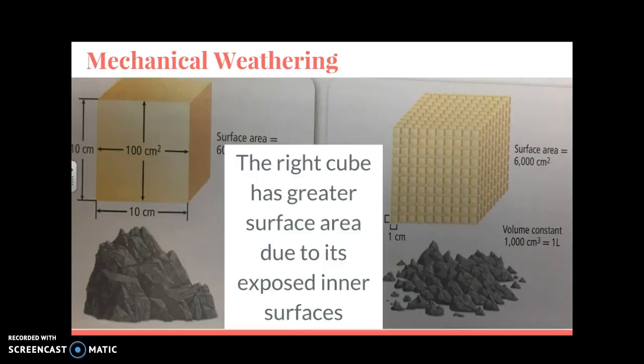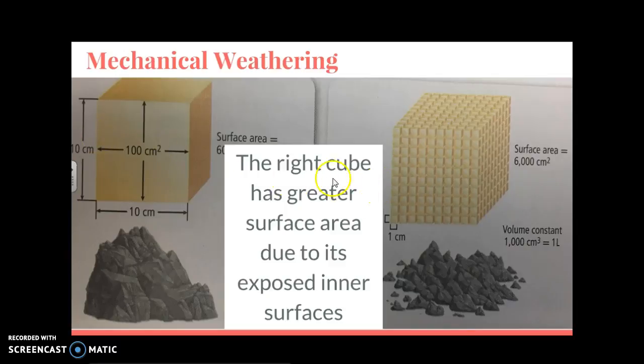Here's a picture of mechanical weathering. Take a look at the cube on the left and the cube on the right. The cube on the left is very smooth, while the cube on the right, as you can see, has all these little divots inside of it, all these extra little sections. So if I asked you which one has the greater surface area, you would probably tell me they look the same, but they really aren't.